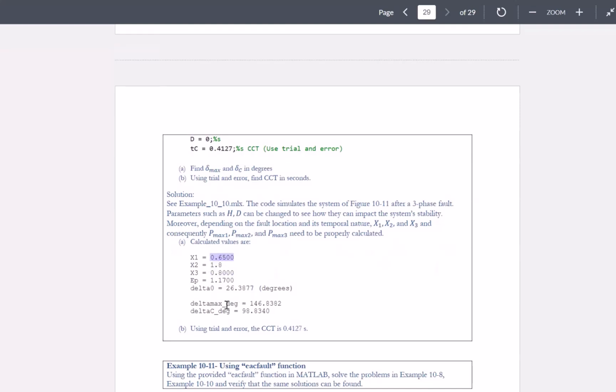Under these circumstances, we cannot solve for TC, but we can solve for the critical clearing angle analytically, and that would be 98.834. Now, using trial and error, we can find the critical clearing time to be around 0.4127 seconds.